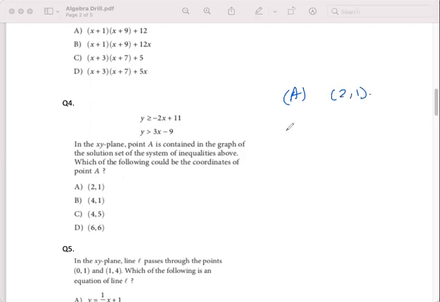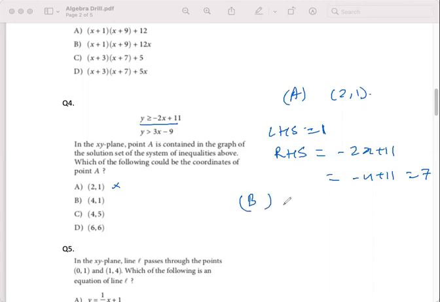If I put it in the first inequality, my left-hand side is 1, and my right-hand side is minus 2x plus 11, which is minus 4 plus 11, which is 7, and 1 is not greater than 7. So it can't be A.